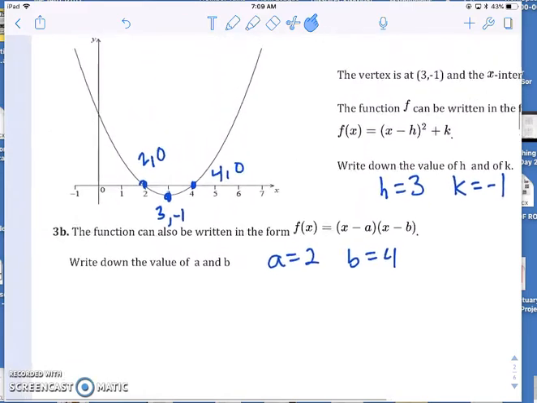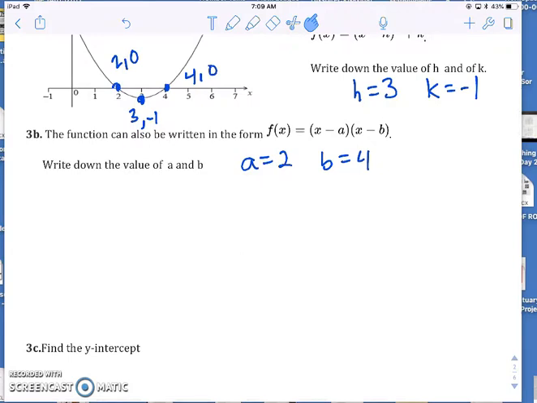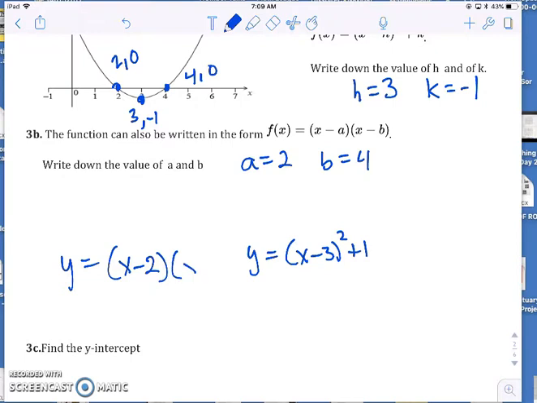Find the y-intercept. Well, let's see. We have a couple of equations. We have y equals x minus 3 squared minus 1, but we also have y equals x minus 2 times x minus 4. By definition of the y-intercept, all we're plugging in is where x equals 0.